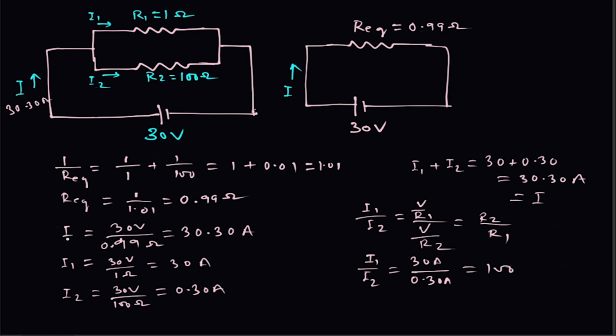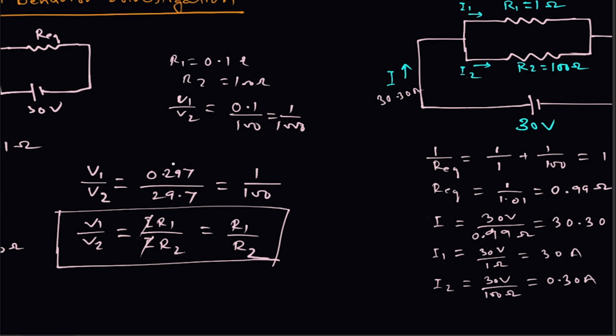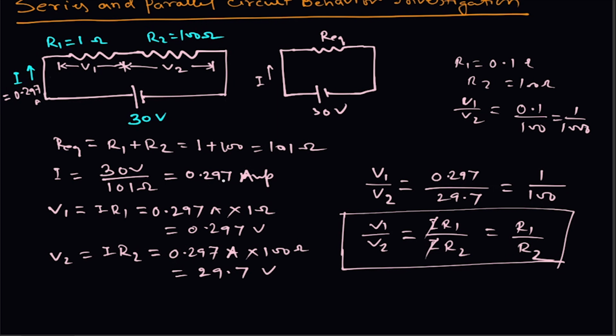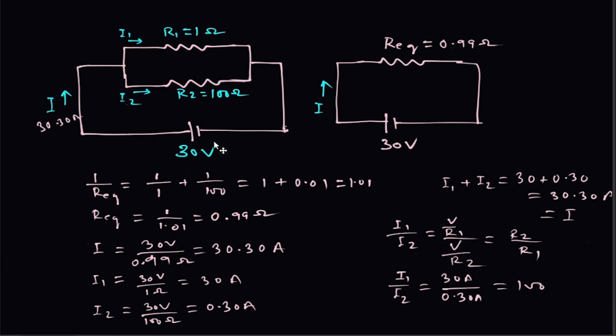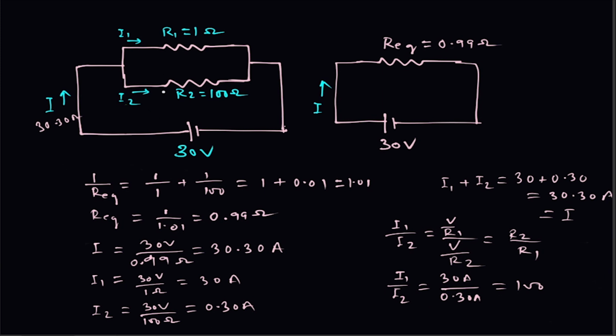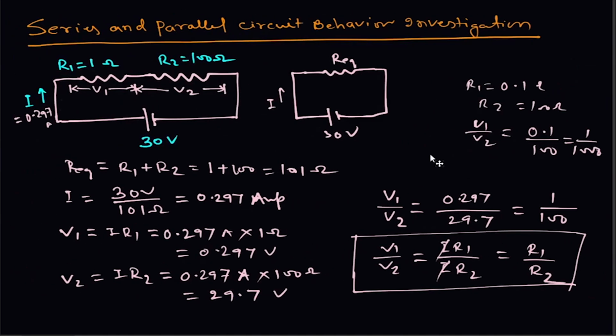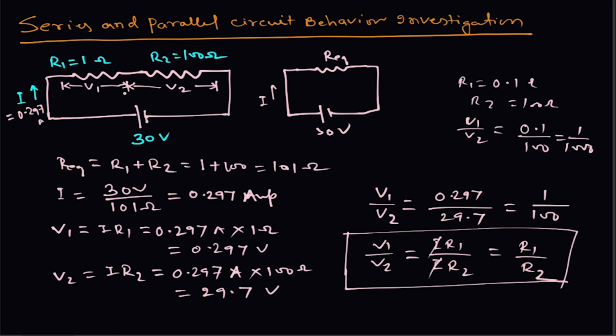Moreover, this current I, main branch current, is 30.30 ampere. In case of series, I is 0.297 ampere, very less in comparison to parallel circuit. Here in case of parallel circuit, the sum of these currents is equal to the main branch current I, but in case of series, the sum of the voltages is equal to the source voltage, 30 volt.